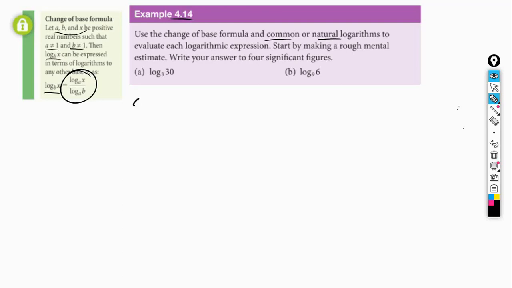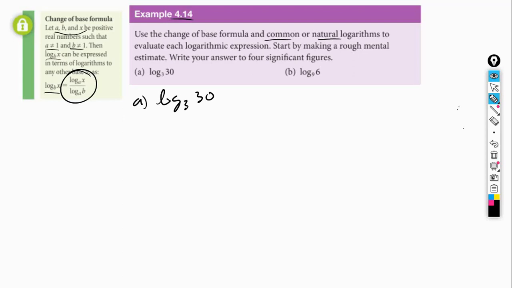So for letter A, we have log base 3 of 30. So an estimate, a guesstimate of this would be 3 to the power of what equals 30. So we know that 3 to the power of 3 is 27, and we know that 3 to the power of 4 is 81. So it has to be a little bit over 3.